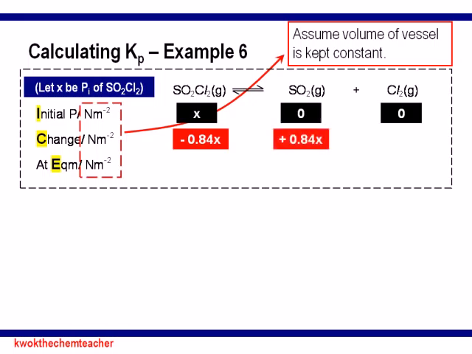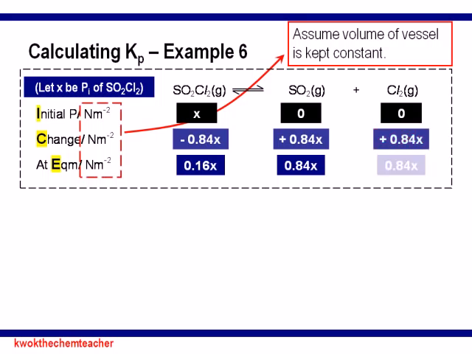Since SO2Cl2 and sulfur dioxide are in a 1:1 mole ratio, sulfur dioxide would have gained 0.84x. And chlorine, also having a 1:1 ratio, would also have gained 0.84x. At equilibrium, you would expect SO2Cl2's pressure to be 0.16x. For sulfur dioxide, it will be 0.84x, and for chlorine, also 0.84x.